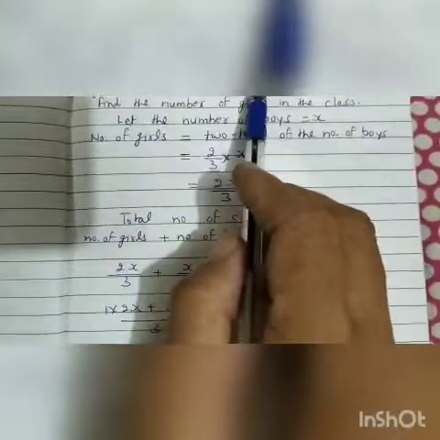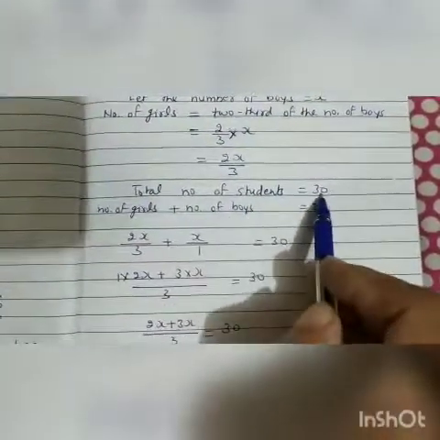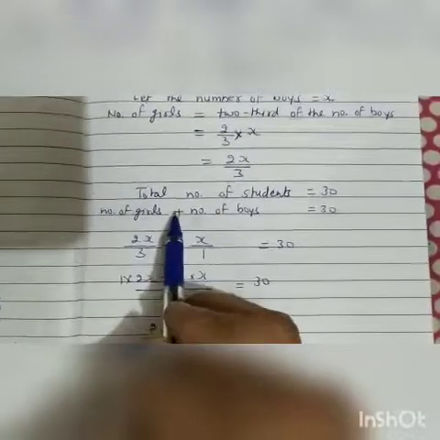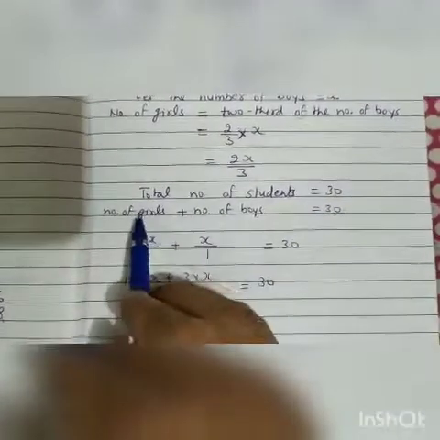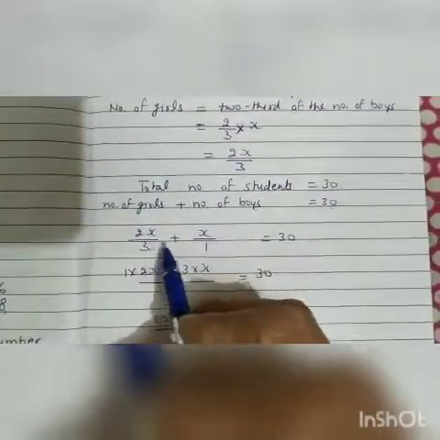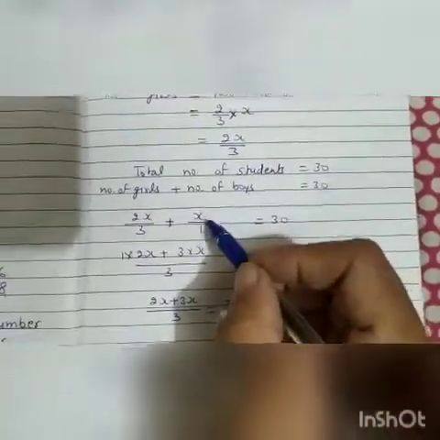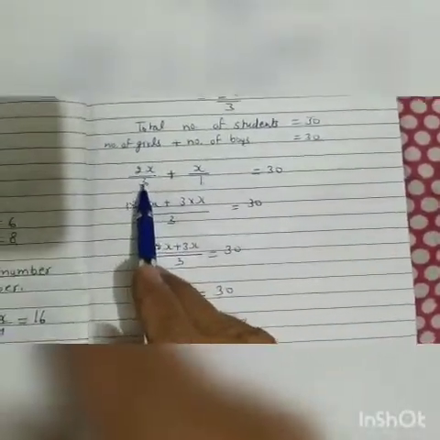Now total number of students in the class. Total number of students is equal 30, and number of students in the class means number of girls plus number of boys is equal 30. Number of girls is 2X upon 3 plus number of boys is X. X means X upon 1 equal 30. Now solve this equation.